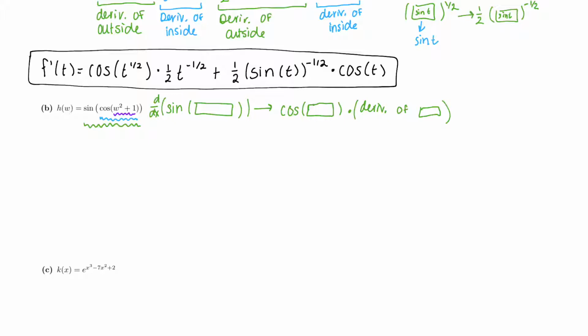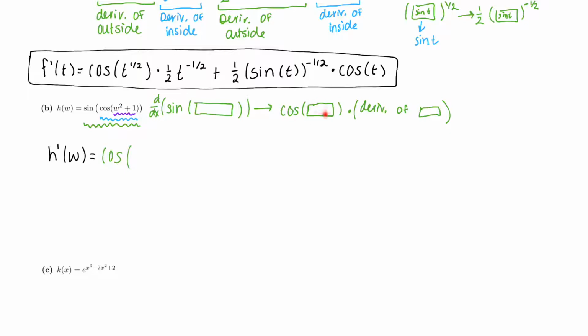So starting our derivative here, we're starting with this idea, sine of stuff. Derivative, cosine of stuff. So cosine of everything on the inside here. So cosine of, leave everything in here alone, right?